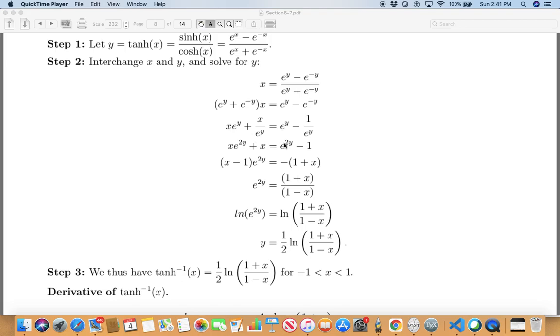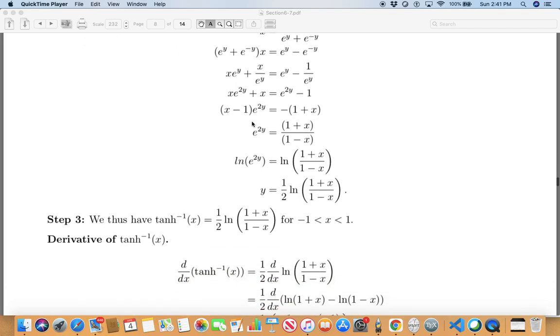Combine the e raised to 2y terms together. So x minus 1 times e raised to 2y equals negative 1 minus x, that is negative of 1 plus x. Lastly, e raised to 2y is negative 1 plus x over x minus 1. If I flip this, I get 1 plus x over 1 minus x and the negative is taken care of. Notice that the negative is taken care of by flipping these two terms.